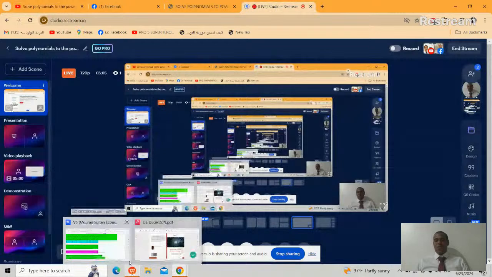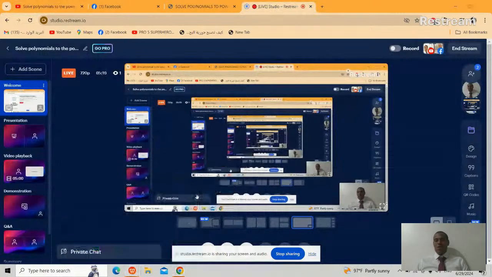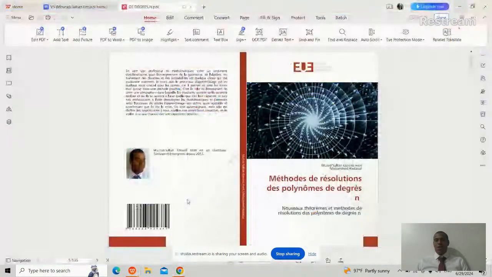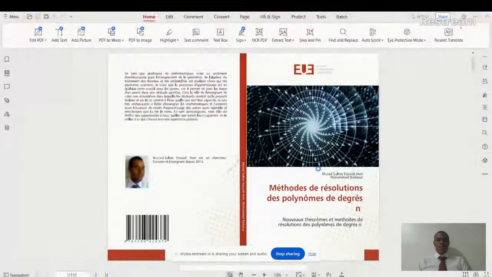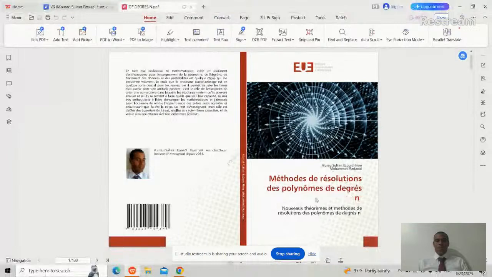This is of course one formula that I discovered. This book deals with polynomial to the power n. The most important theories have been written in this book. You can see this edition, Universitaire Européenne.